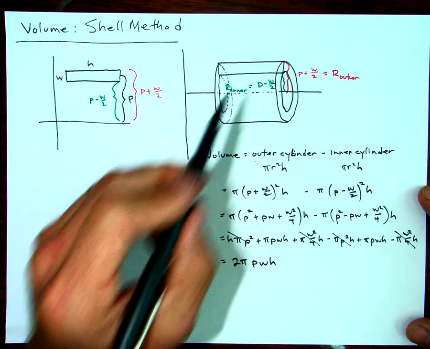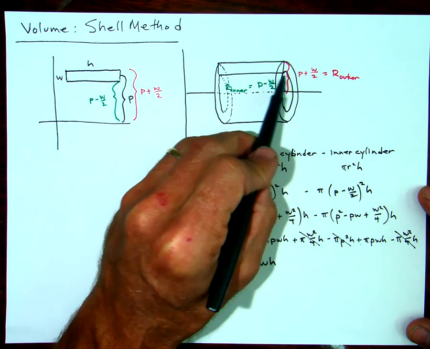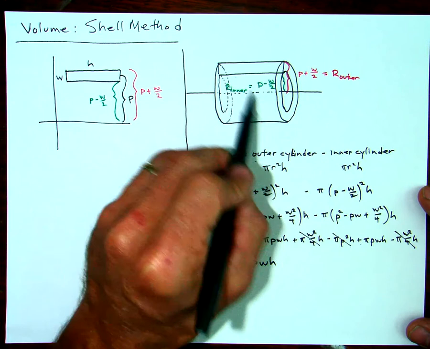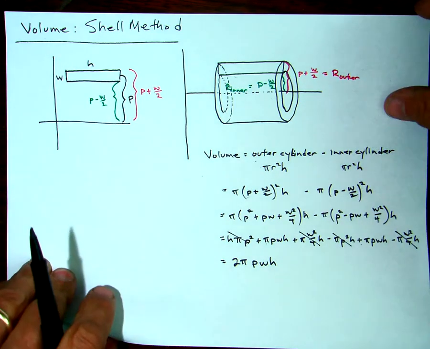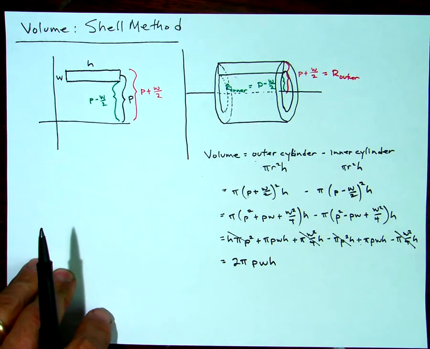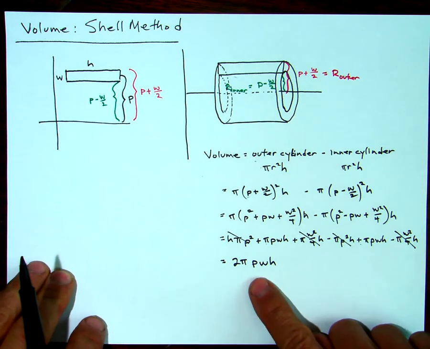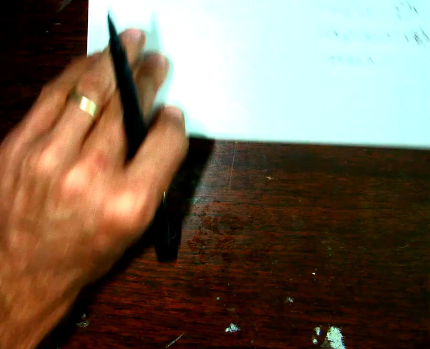And then we could do the next cylinder inside of that, and the next cylinder inside of that, and then ultimately we let the number of cylindrical shells go to infinity, and that leads to an integral. So let's take a look at what that integral would look like based on the volume of one shell.